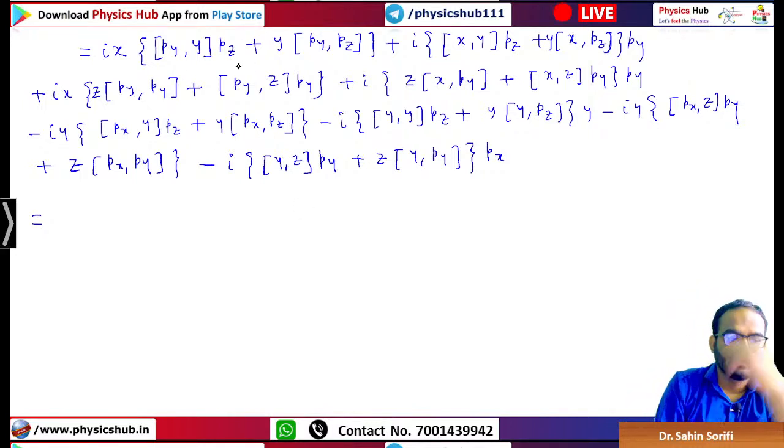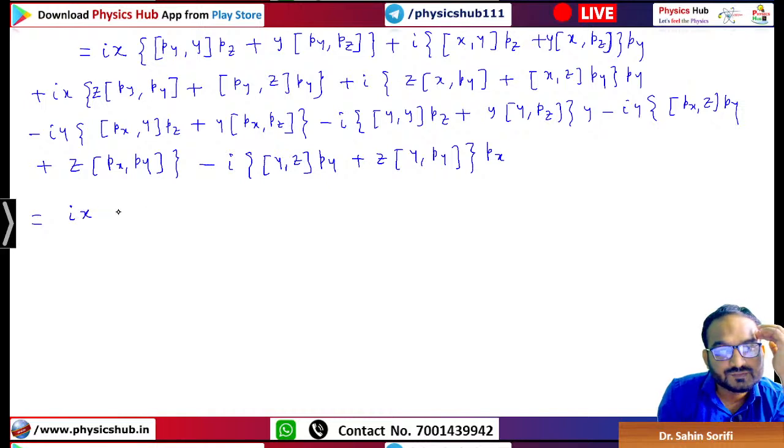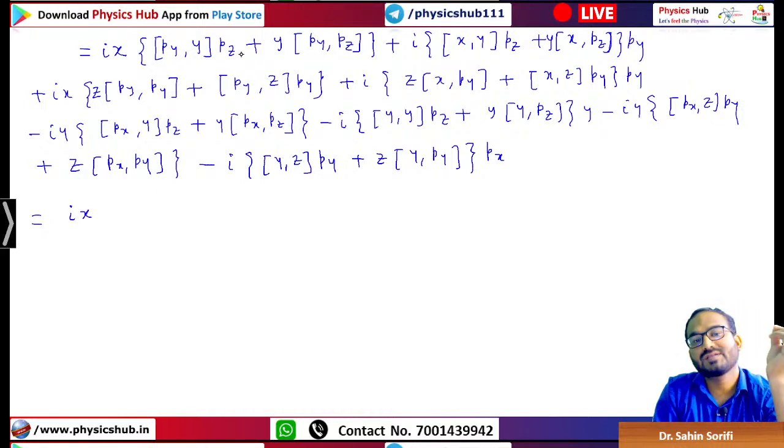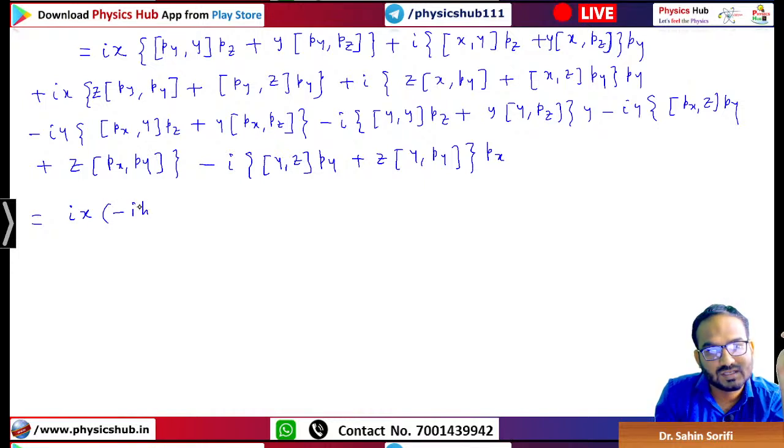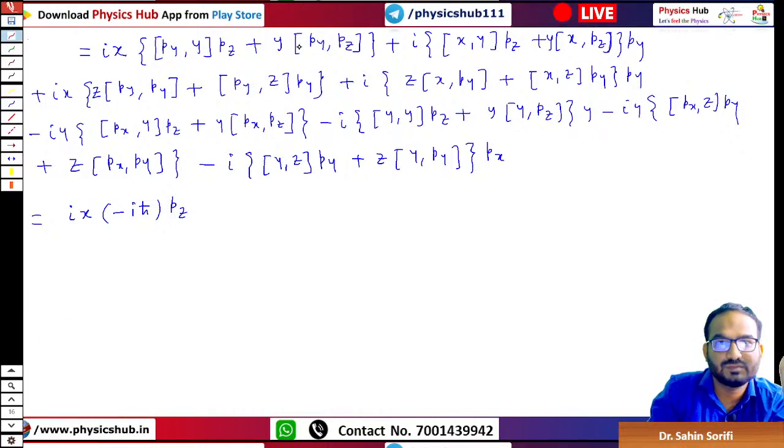py, you see i x py, y py is i h cut, so py y will be minus i h cut, so minus i h cut pz. py pz, this term is 0. Look, a lot of terms will be 0.